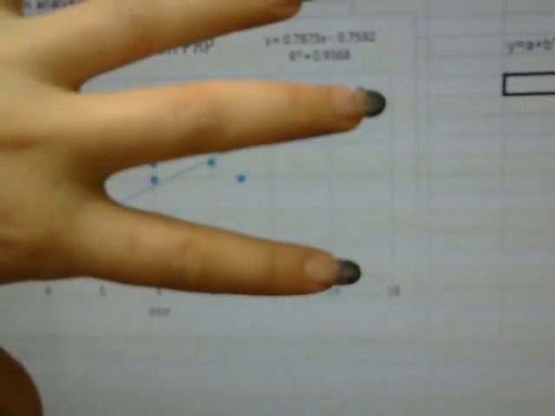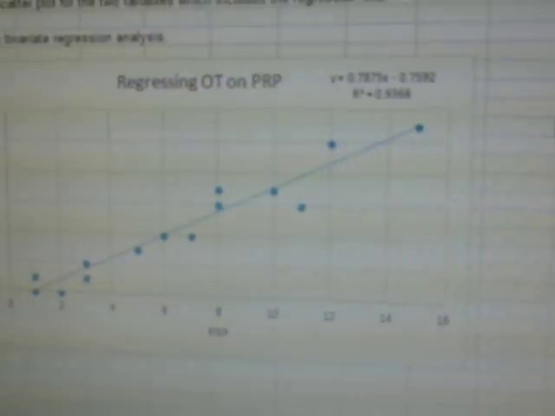Okay, the scatter plot also gives us our r squared. And really all r squared has to do with is model fit. And what's model fit? We are now visually looking at the relationship between variables. This is where our Venn diagram comes in.